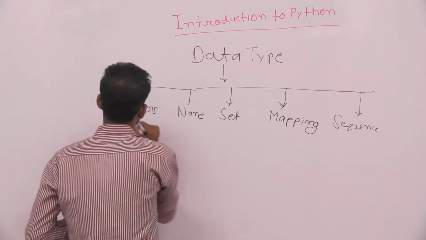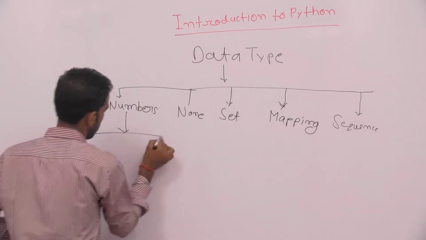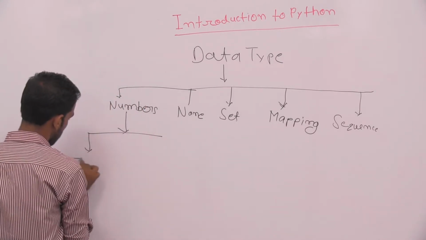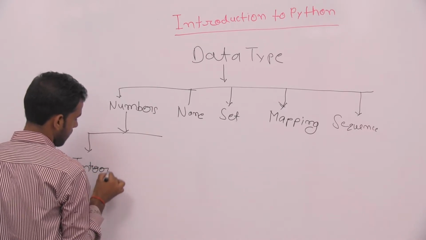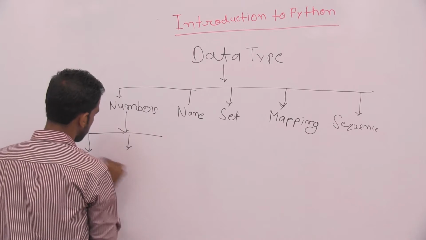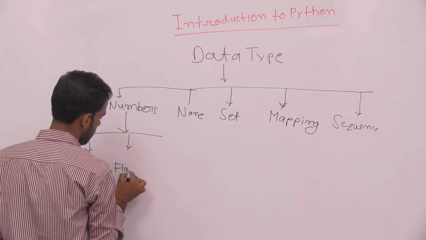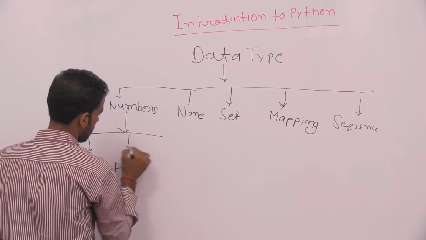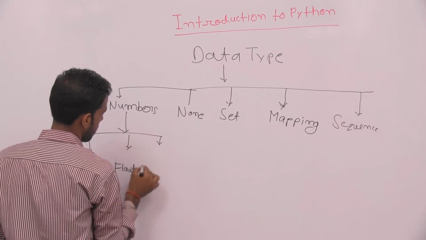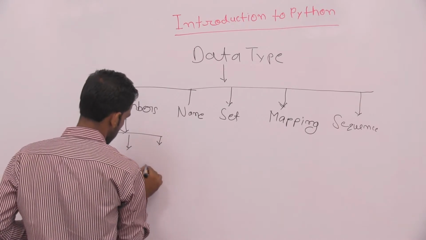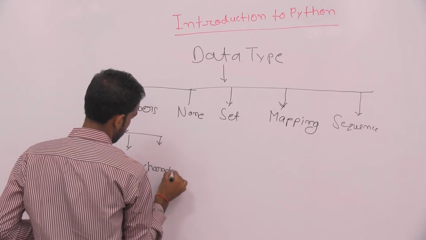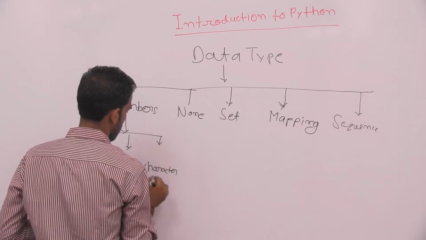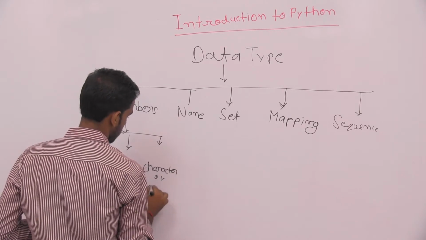Number data type can be further subcategorized into three types: first is integer, the second is float, and the third is complex.